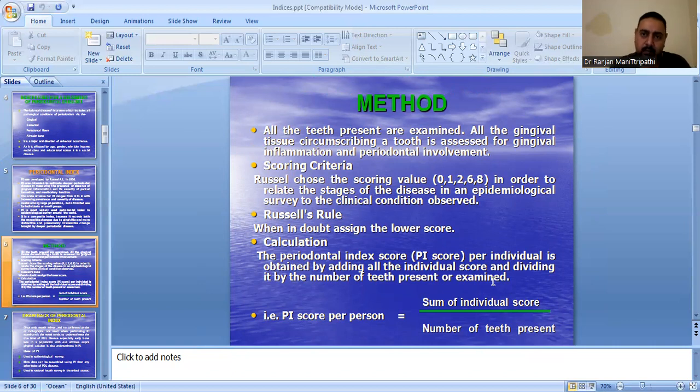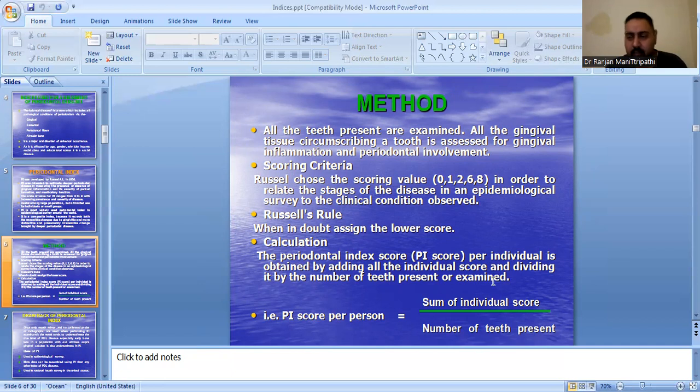So, what is the method to record this periodontal index? All the teeth present are examined. All the gingival tissue circumscribing a tooth is assessed for gingival inflammation and periodontal involvement. What would be the scoring criteria?